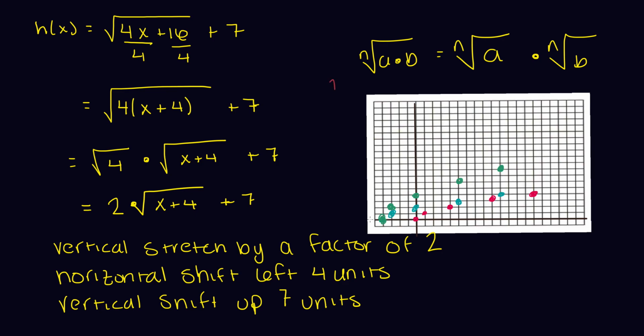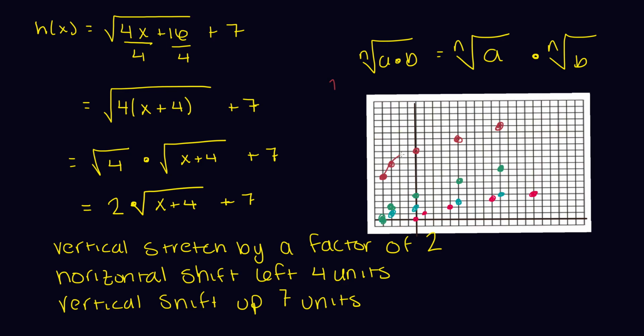Okay, so now I'm just going to take each of these green dots and I'm going to move them up 7 units. So 1, 2, 3, 4, 5, 6, 7.